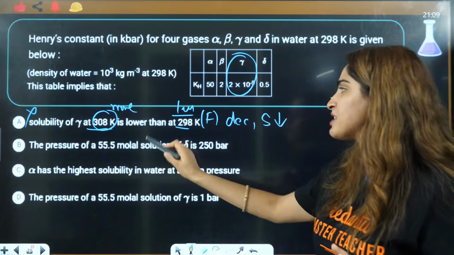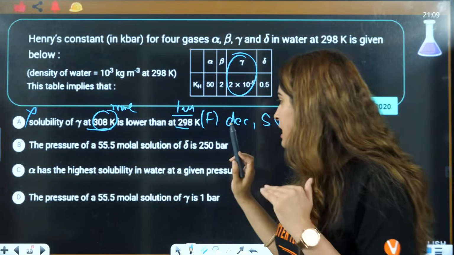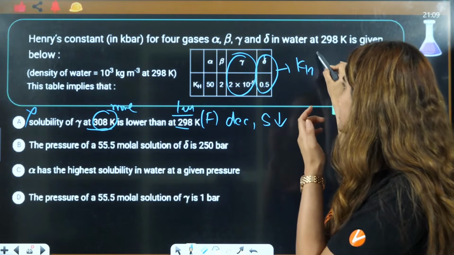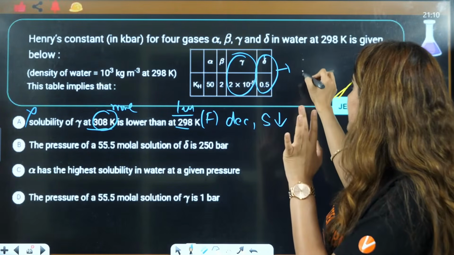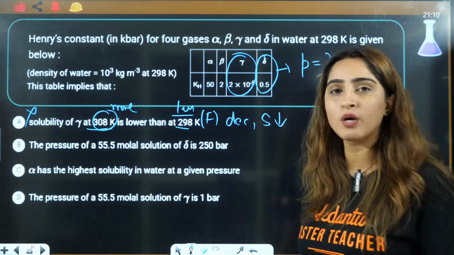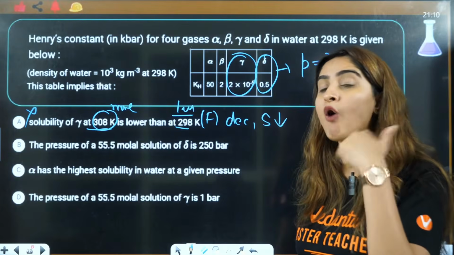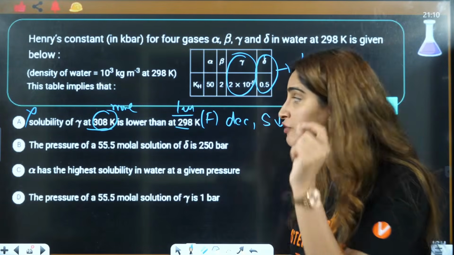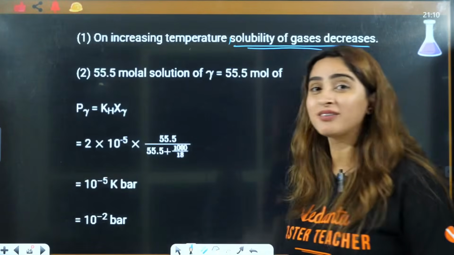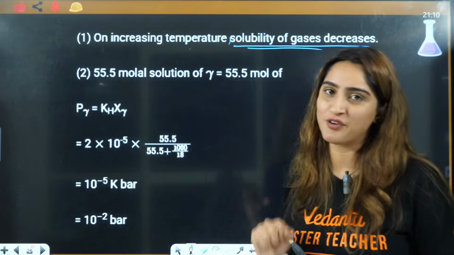The second statement is the pressure of 55.5 molar solution of gamma. KH value is given to us. The simple thing is pressure equals mole fraction into KH. If you understand how to calculate mole fraction from molality, you can easily answer this question. I have taught this in concentration terms.